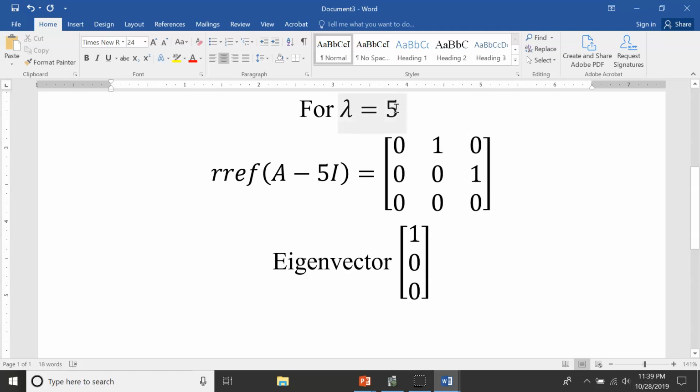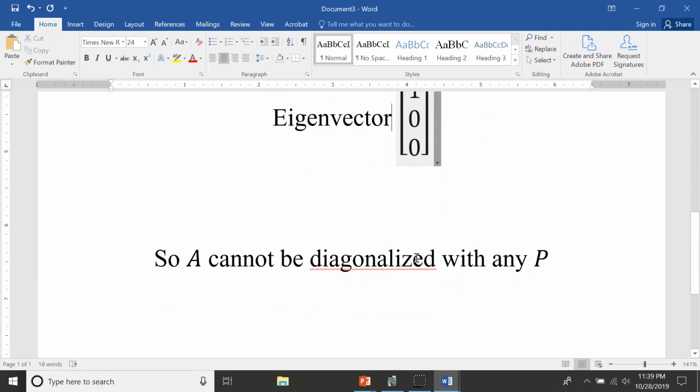So lambda equals 5 had multiplicity 2, but the corresponding eigenspace only has dimension 1, and therefore A cannot be diagonalized with any P. So it can't be diagonalized.